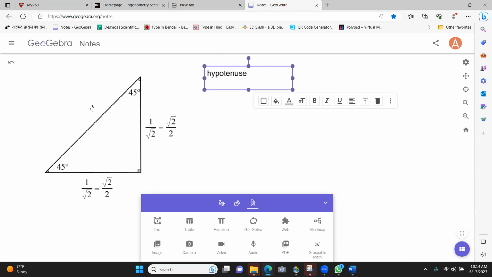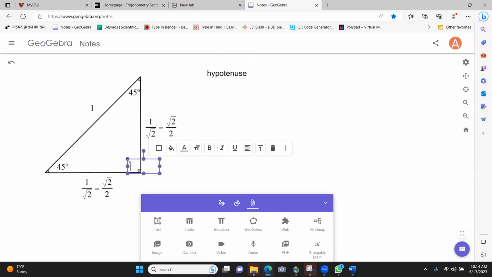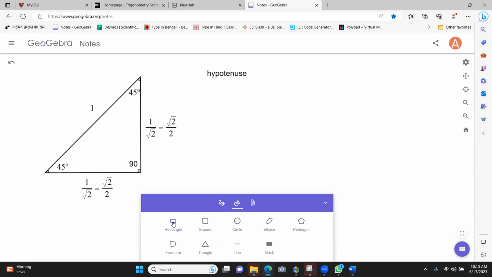If this is 1, we can find this leg and this leg. By the way, the question says this is 45, this is 45, this is 90. Three angles of a triangle always add up to 180. If this is 90, then those two, if they're supposed to be the same, they're saying they are, better be 45. That makes sense. So I'm going to find out what this is. And I don't need to show you right now. I'm going to hide it.